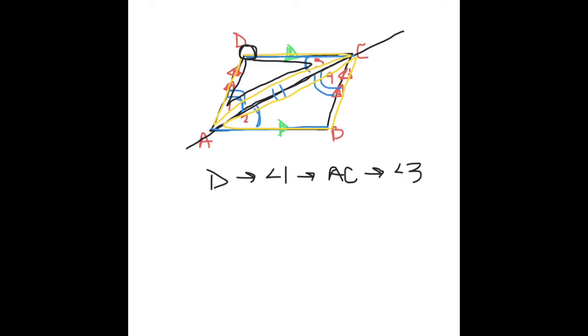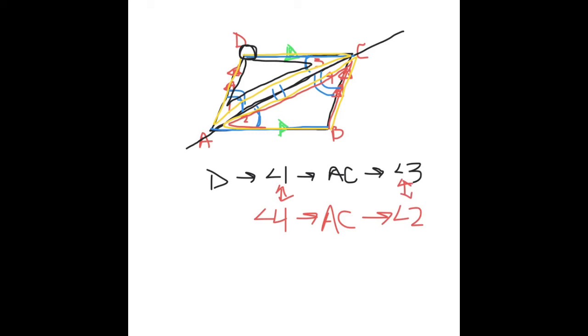So the second triangle is triangle B to C, which is angle 4, segment AC, angle 2. So angle 4, segment AC, and then it goes to angle 2. But notice that angle 4 and angle 1 are congruent to each other, and angle 2 and angle 3 are congruent to each other.